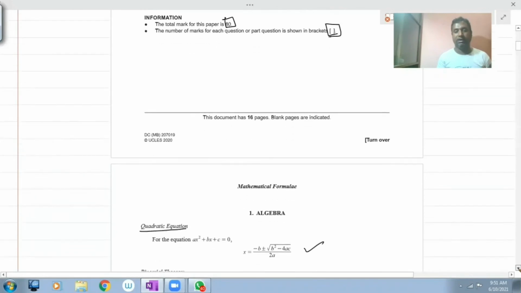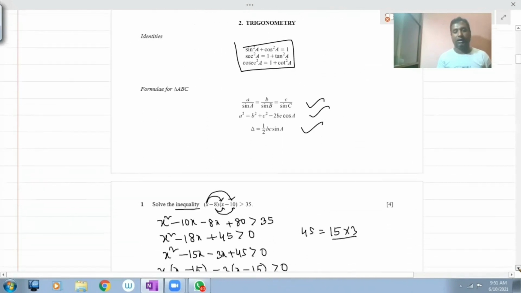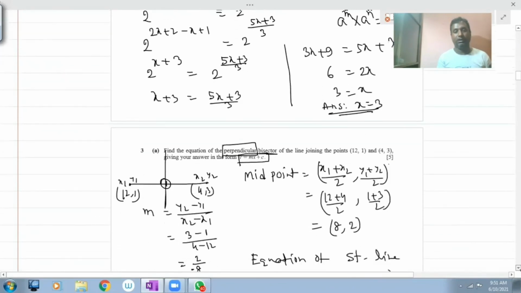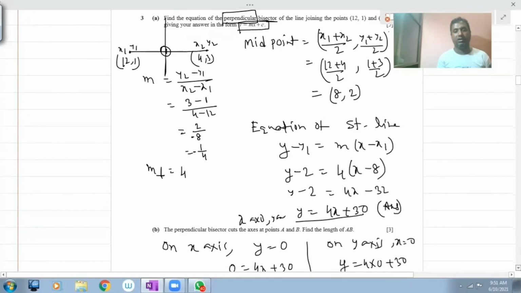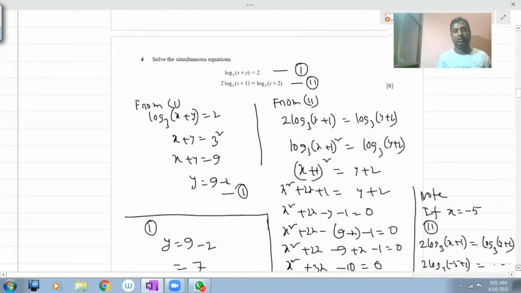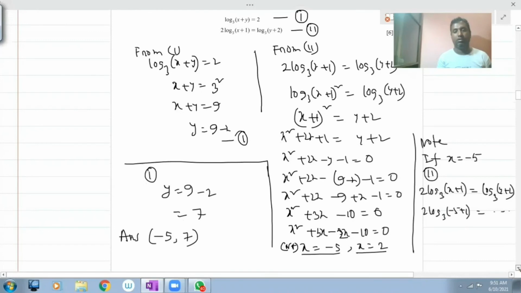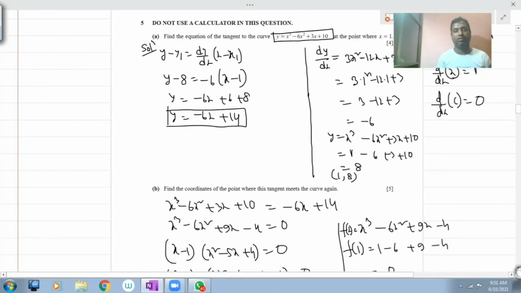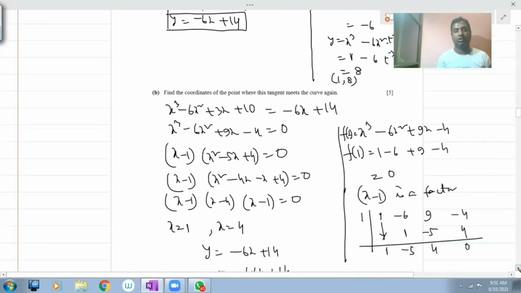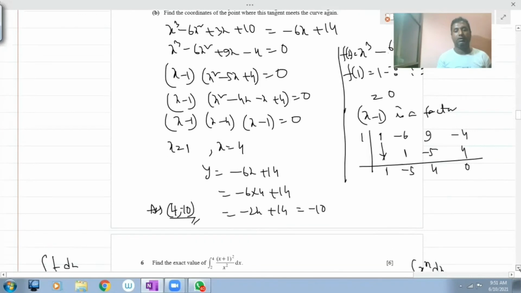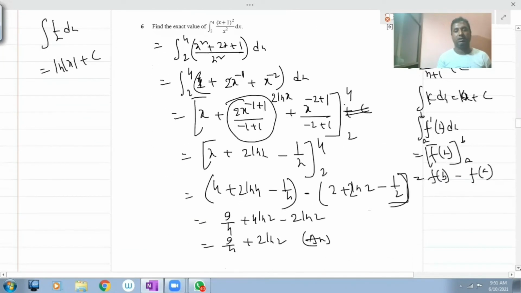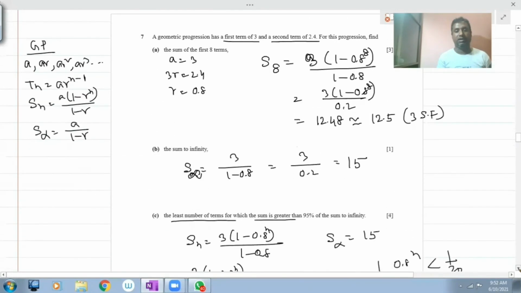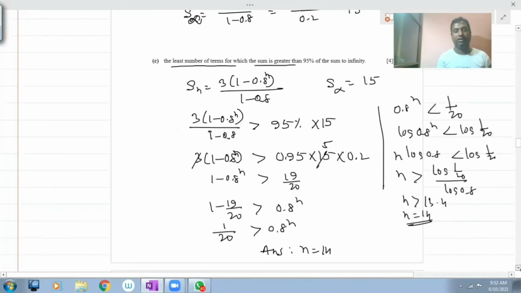Then all formulas are given here. And then this is question number 1, then number 2 here, and this is number 3. And then this is question number 4. This is question number 5, question number 5B. Then question number 6. Then question number 7, there are A, B, C parts.